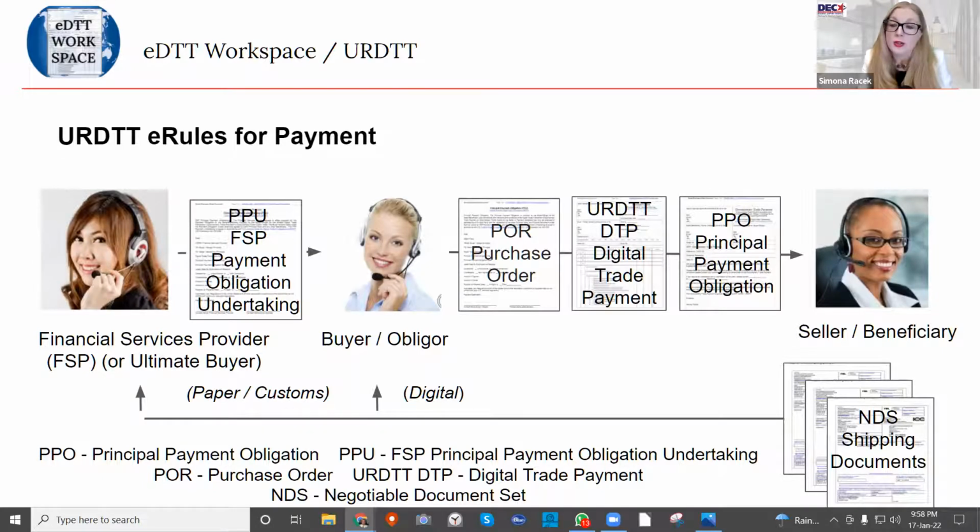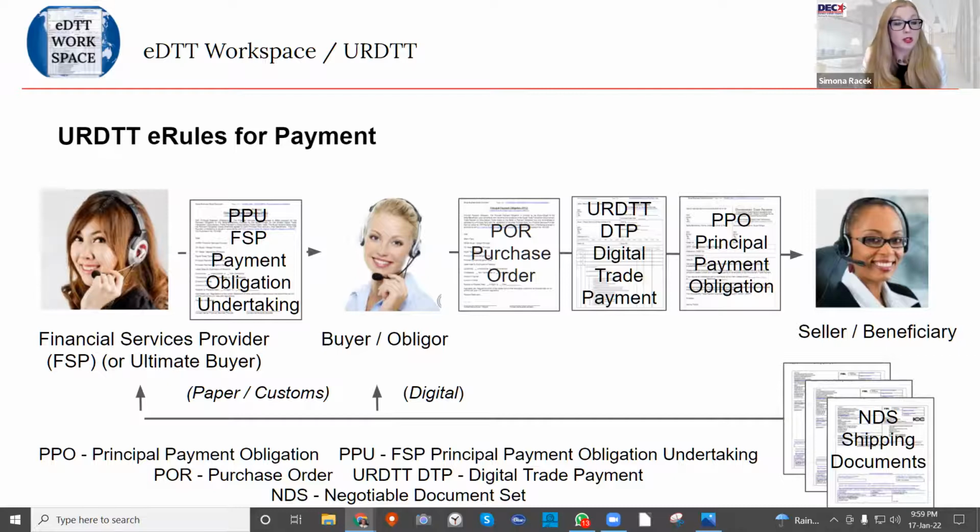The financial service provider may be a financial institution or a person who undertakes the irrevocable payment obligation. And this is the beauty of the URDTT rules. The FSP can be a non-bank provider of financial services. The FSP may also be the ultimate buyer. Note that the FSP payment undertaking must be issued in accordance with all applicable laws.